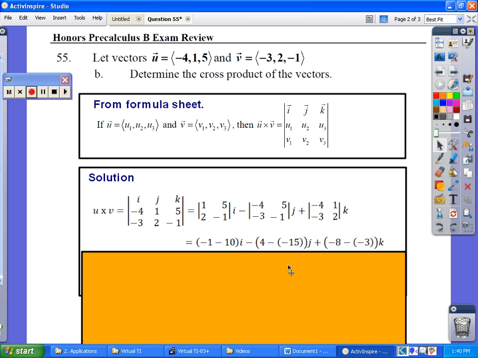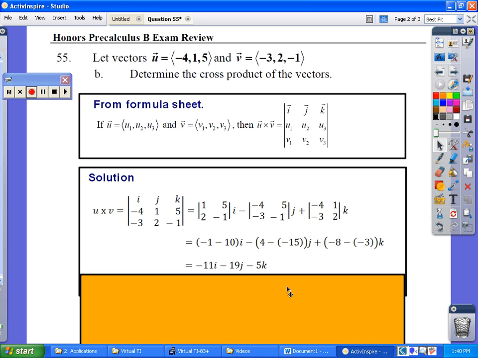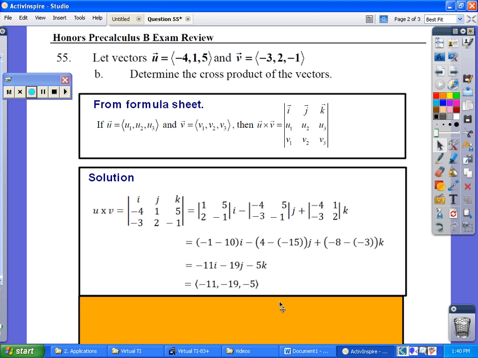If we combine the like terms, you get that u cross v is equal to -11i minus 19j minus 5k. Or you can write it as the vector -11, -19, -5.